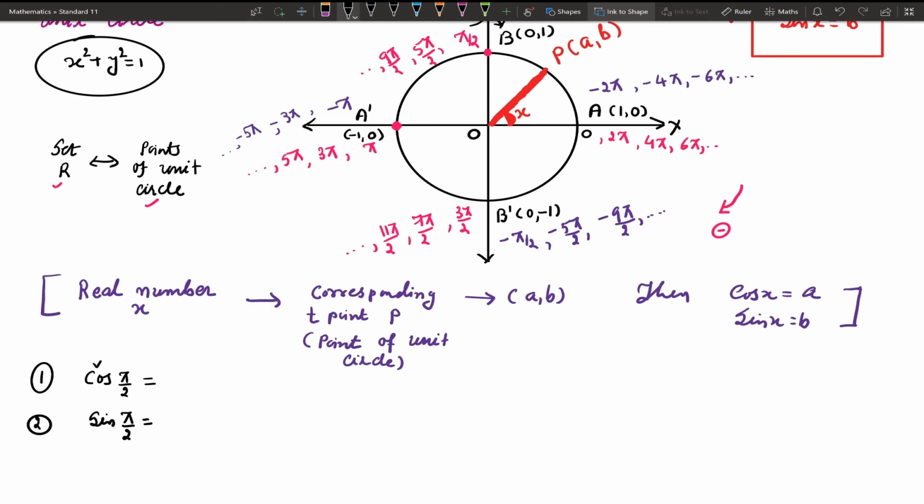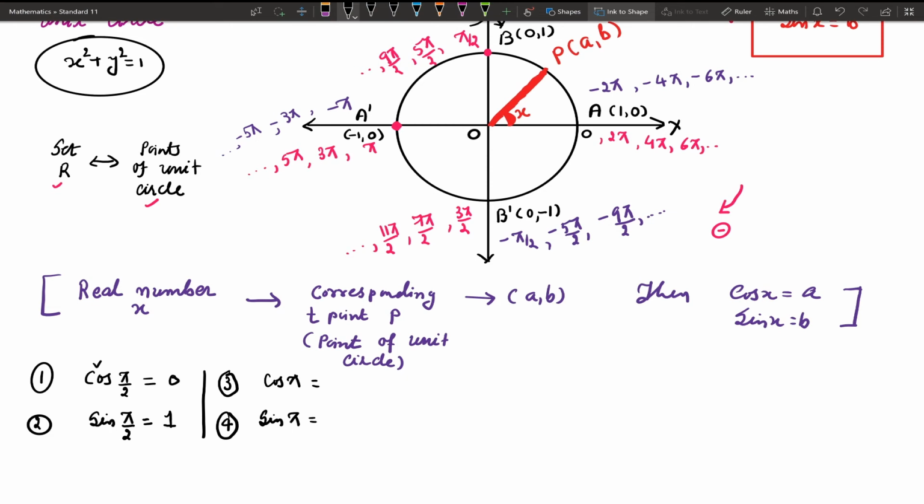For cos you have to observe the x coordinate of B, which is 0, so cos pi by 2 equals 0. Sin pi by 2: real number pi by 2, corresponding T point, means the point of the unit circle B (0, 1). For sin you have to observe the y coordinate, so sin pi by 2 equals 1. Another example 3, 4, cos pi, sin pi.